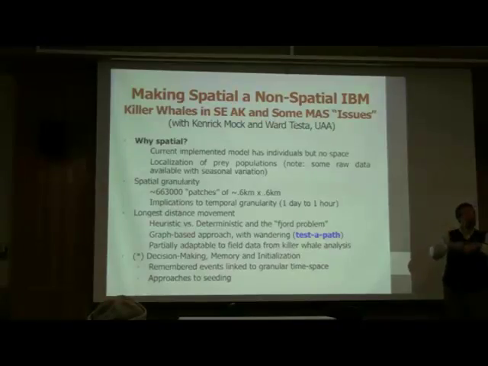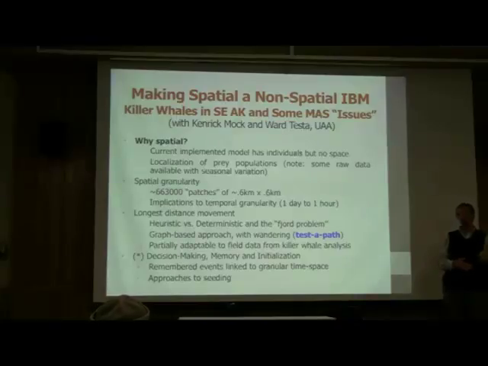Those become a very large collection of memory events. Then every time the whale decides there's no hunting where I currently am, I need food, I'm hungry, I need to travel someplace, it checks its memory for all the locations in the current season, and then balances how far it would need to travel with how good its remembered hunting is in that location.